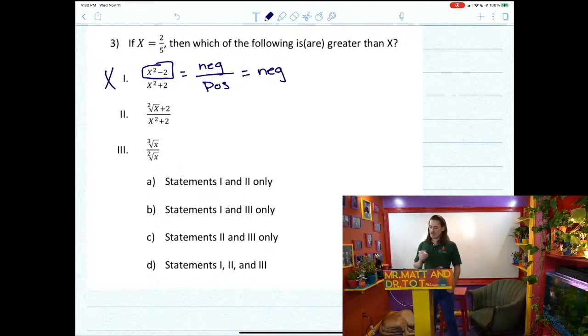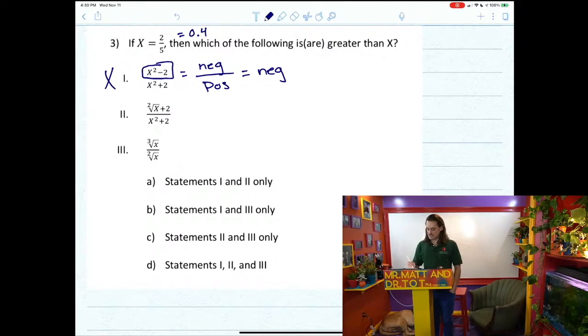Statement 2, we have to actually test because it's not clear that it's going to go negative, because they're just adding 2 in the numerator and denominator. So we'd have to actually test 2 and 3 out. So I'm going to evaluate 2/5 as 0.4. If you take 2 divided by 5, that will give you 0.4.